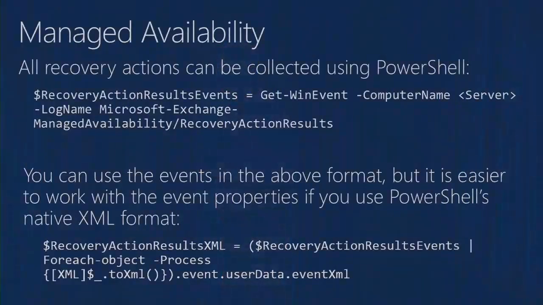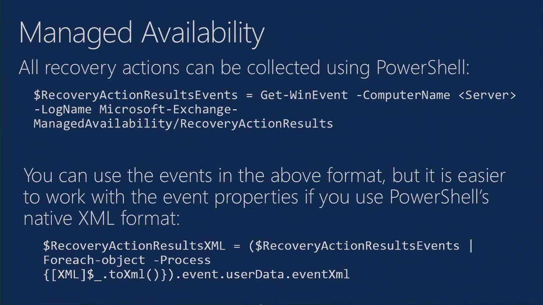So, how can you get the recovery actions? Well, here's one way to get them out of PowerShell. You can scrape the event log and get your list of all the recovery actions. And of course, you can add date ranges and so forth to limit things. You can use the events in the format that you see here, but I much prefer using PowerShell's native XML format.